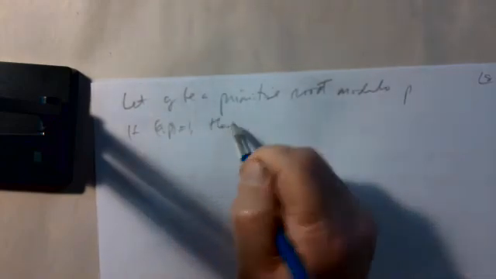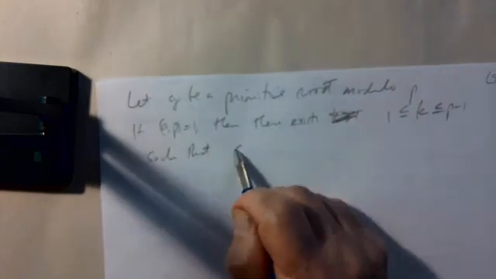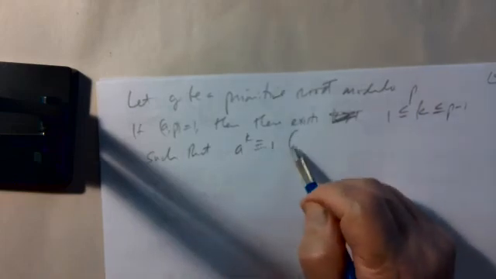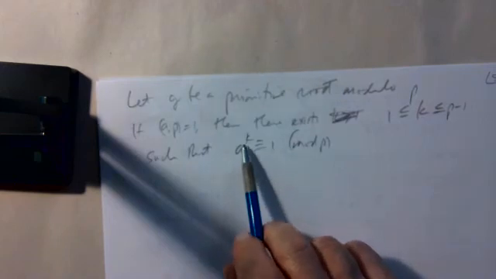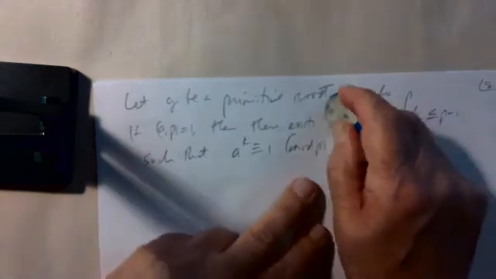So if a and p are relatively prime, then there's an integer k, which is positive and at most p minus 1, such that a to the k is congruent to 1 mod p. We know p minus 1 always works, but we don't just want any k.